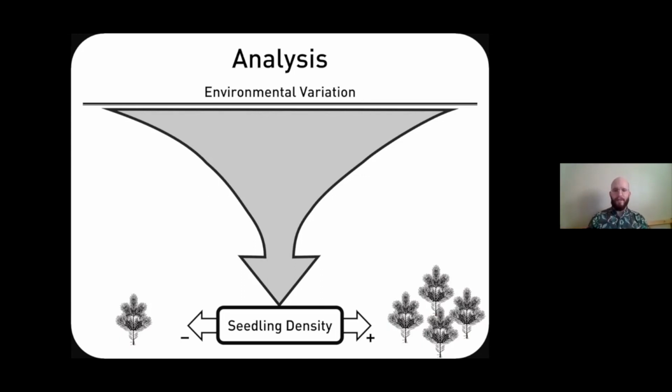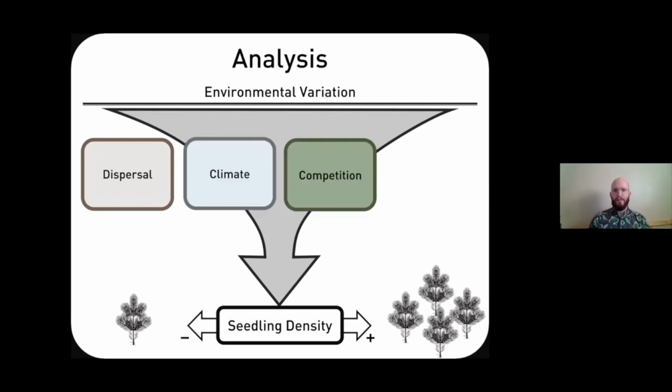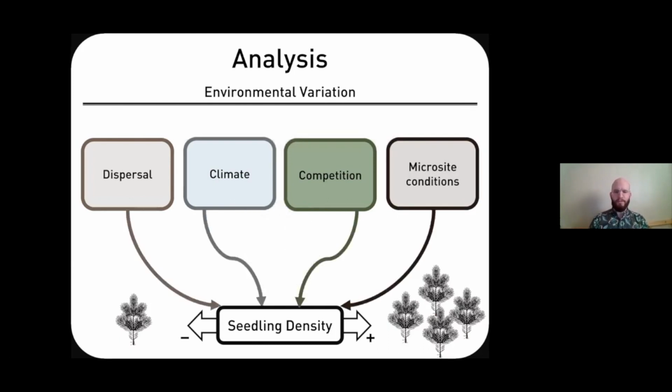We categorized it into 4 different domains: dispersal, climate, competition, and microsite conditions. Each of them is likely affecting seedling density, and we want to test which ones actually were in our study.